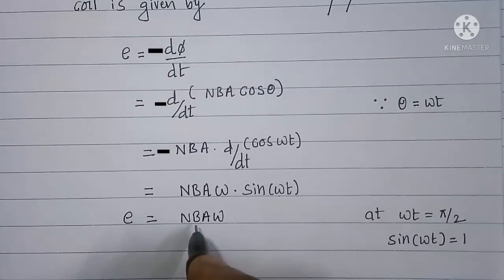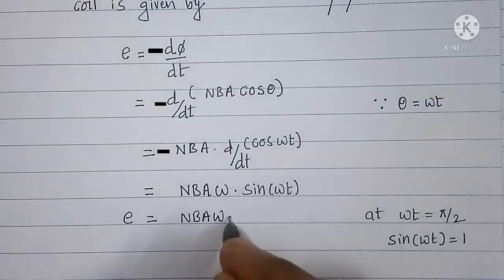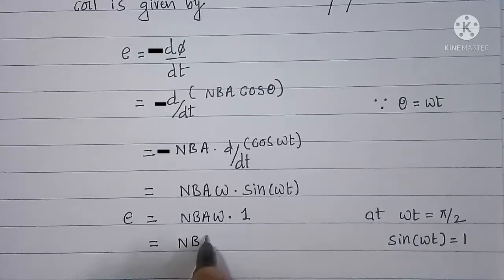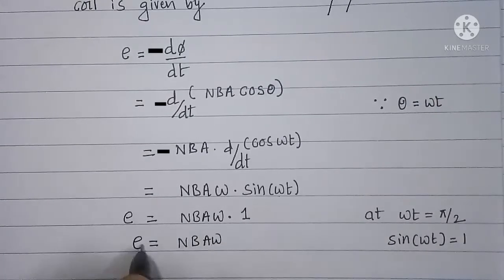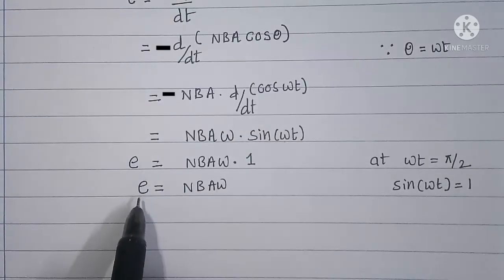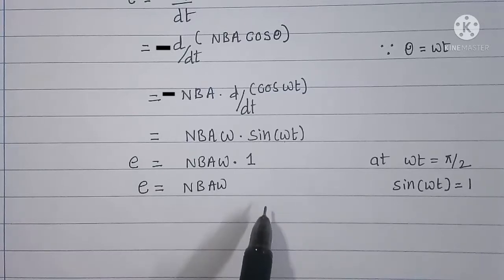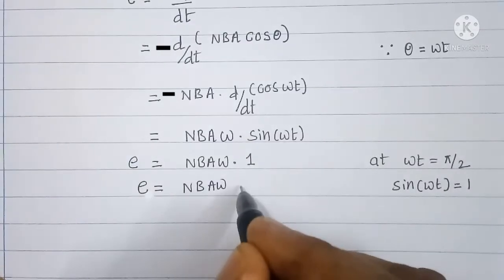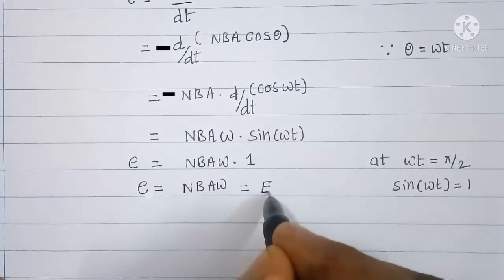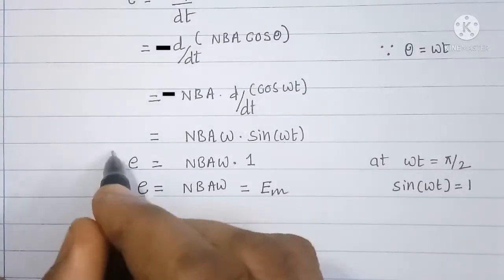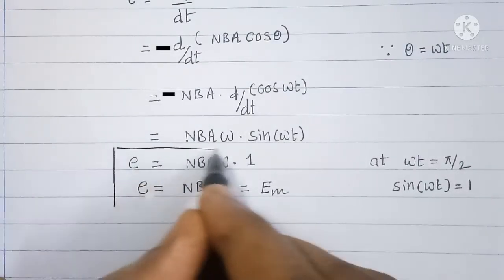So E will become N into B into A into omega into 1, that is N into B into A into omega. Since this is maximum possible voltage that can be induced in a coil, we'll call this as EM. I will close this in box.